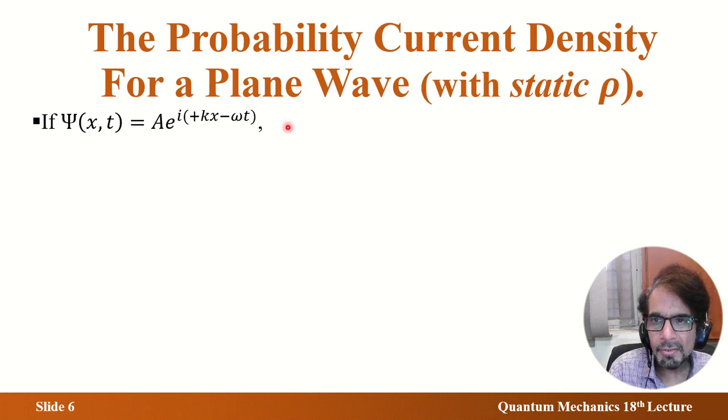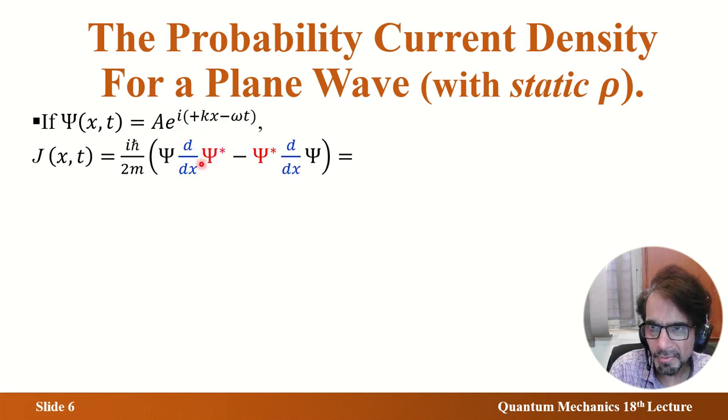Now I need, for the next lecture, an expression for probability current for a plane wave. And that I do, and that's all I finish in this lecture. And I show you the calculation. Plane wave means this is an expression, and probability current has this expression.